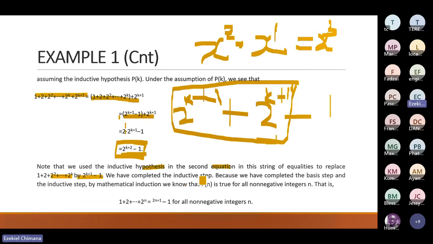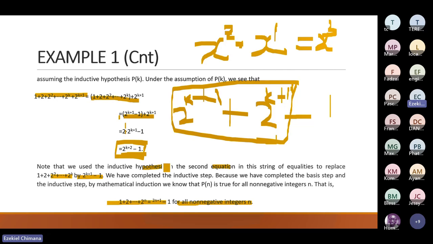So we have completed the inductive step. Because we have completed the base step and the inductive step, by mathematical induction, we know that P of n is true for all non-negative integers n. That's how you make your conclusions.